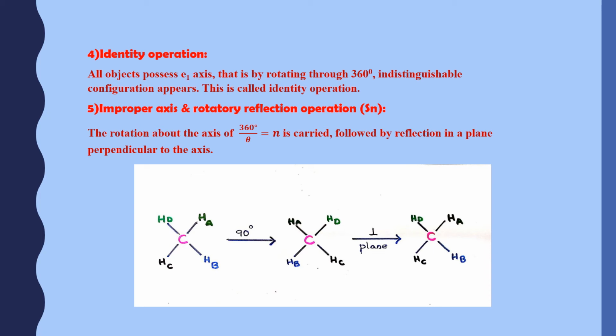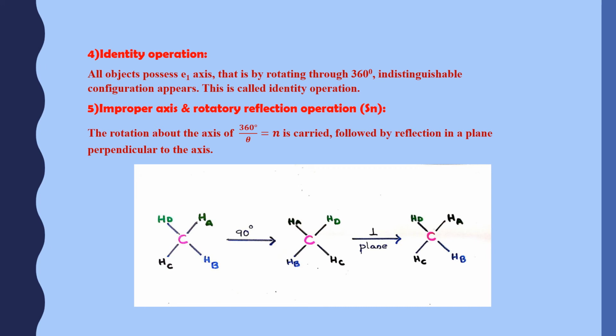Any object you take, we can say it has the identity operation. That means it possesses the E axis. All objects have E. This is the fourth symmetry operation.